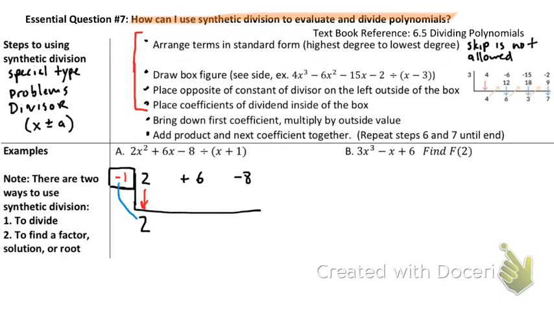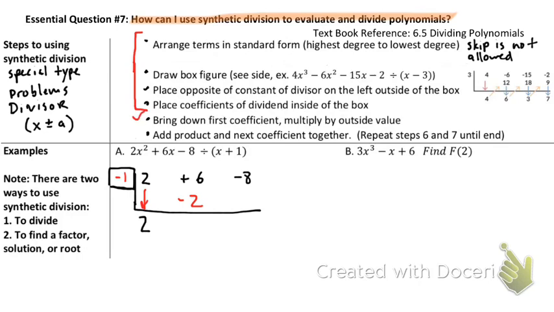And whatever answer we get, we put under the next coefficient in the next column. So -1 times 2 actually gives me -2. Okay, so that is that step there.